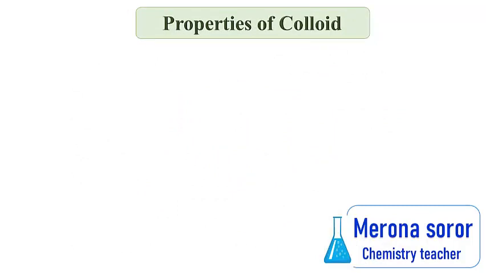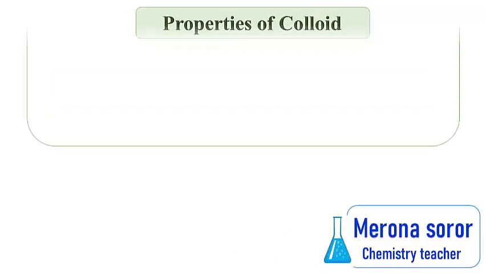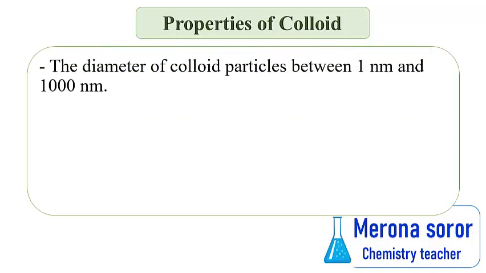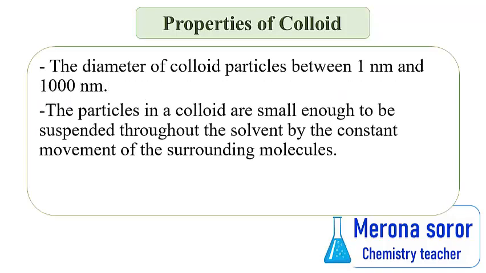Properties of colloid. The diameter of colloid particles is between 1 nano and 1000 nanometer. The particles in a colloid are small enough to be suspended throughout the solvent by the constant movement of the surrounding molecules.